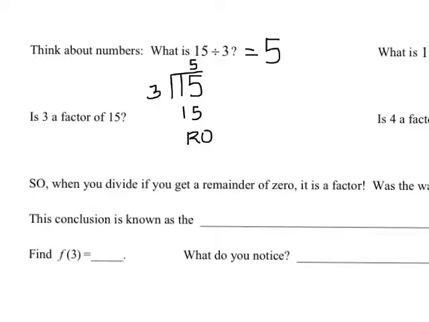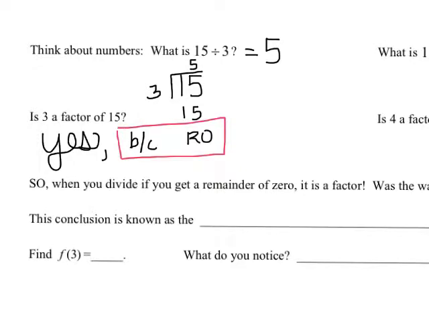Therefore, we would consider 3 a factor of 15 because 3 times 5 equals 15. Once we divided by 3, we got 5 with nothing left over. That's what a factor is. Yes, it is a factor, and the main reason is because the remainder was 0. When you get a 0 remainder, that means that it's a factor.